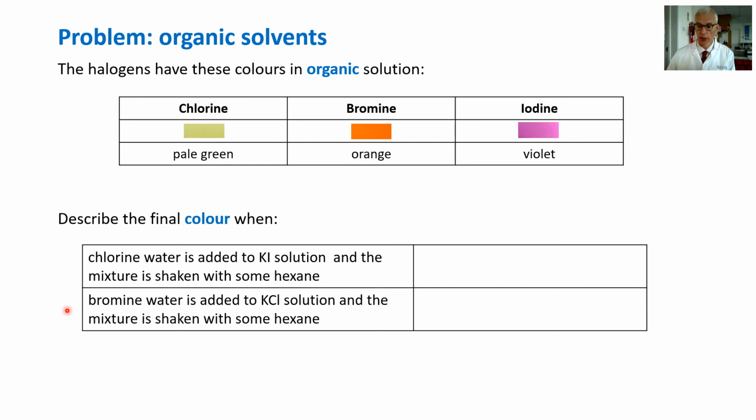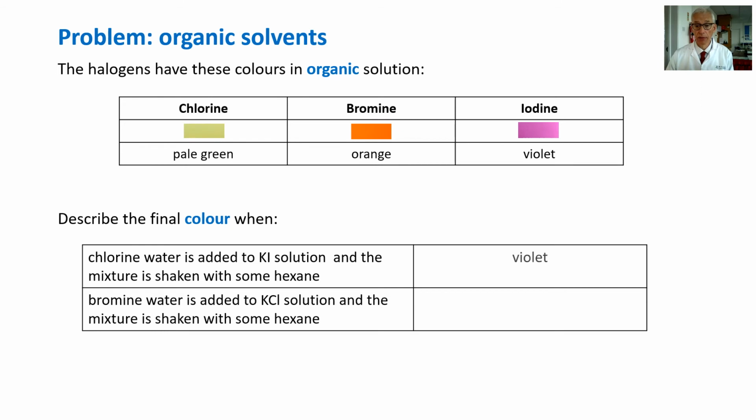So that's the sort of thing that you will be doing or will have done in the laboratory. Simple test tube displacement reaction with the addition of an organic solvent such as hexane to help with distinguishing the products. Pause the lesson and complete the two final colours.